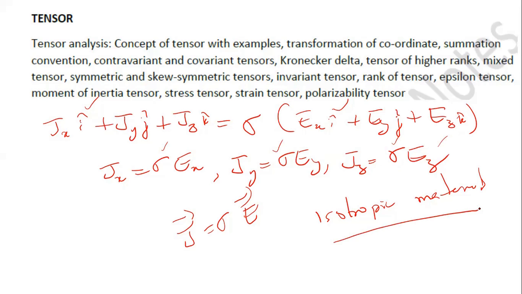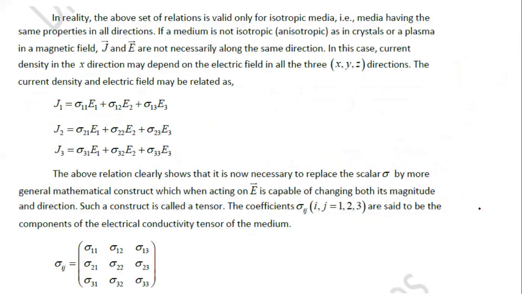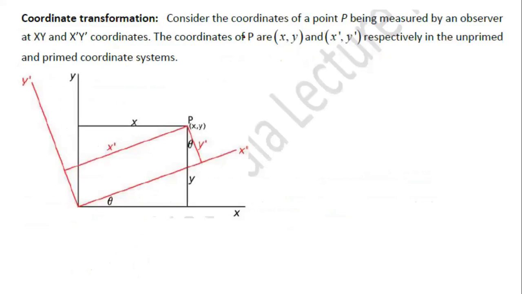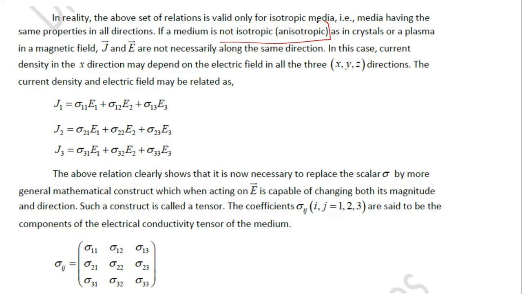isotropic material. But later on in material science you will come across certain materials which are anisotropic. Anisotropic means it has a preferential direction. So in such materials we cannot consider sigma as a constant, or this relation j equal to sigma e no longer holds.